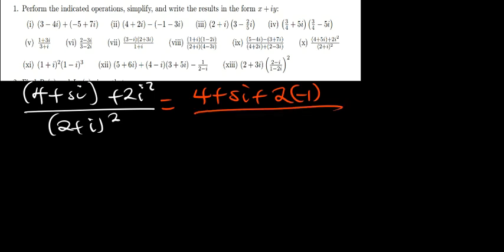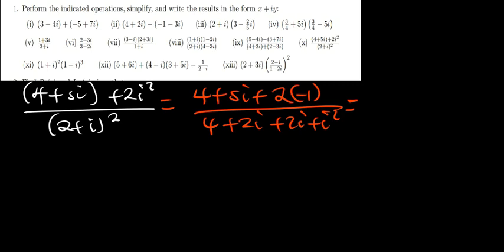I'll divide this by, this one now is the same as 2 times 2 is 4. 2 times i is 2i. Then i times 2 is 2i. i times i is i squared, like that. So this will be now 4 minus 2, this one will be minus because of that negative 1 there.